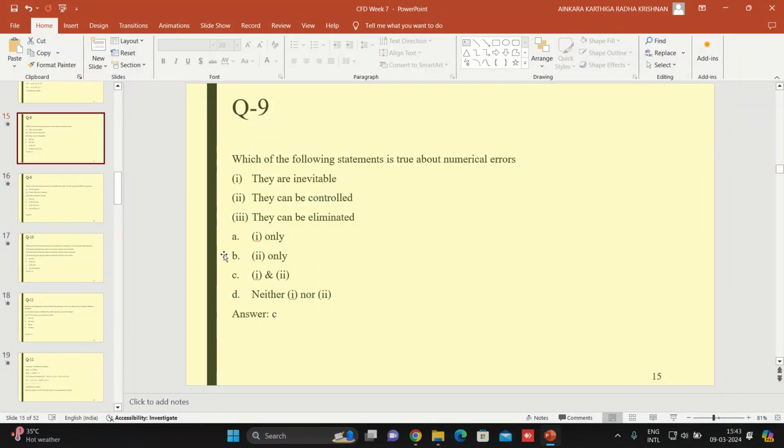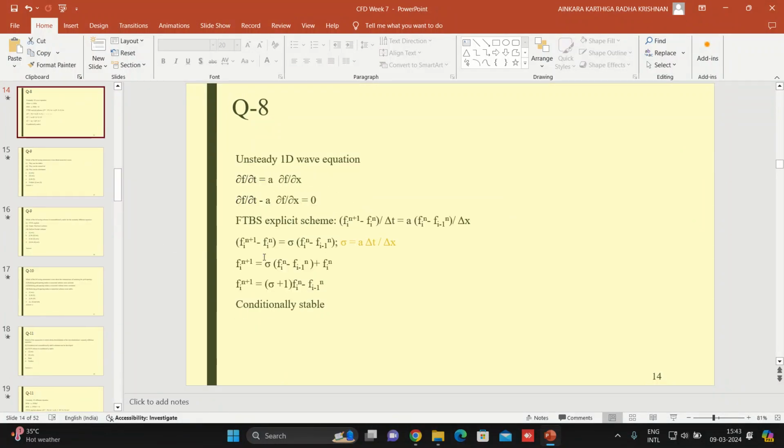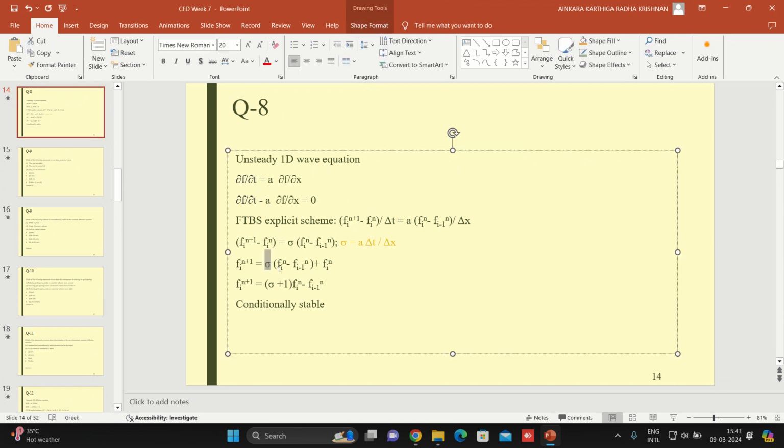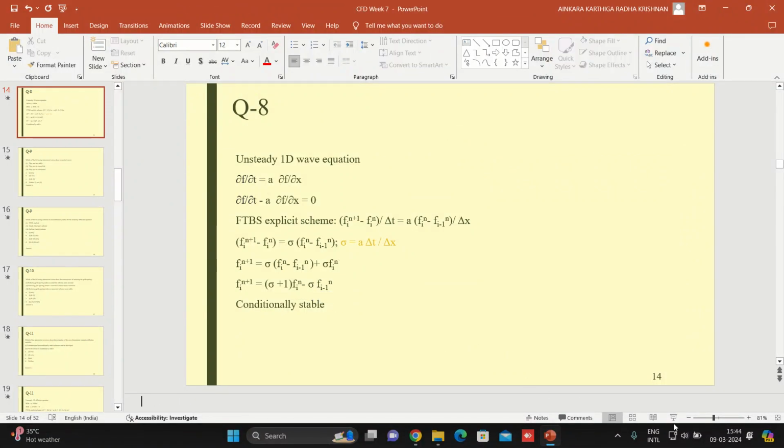No, I missed one more sigma as well. This will have sigma into plus 1, and this will have sigma as well. Now it is clear. We'll see.